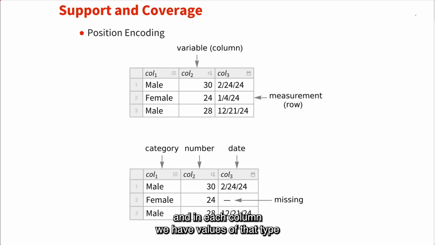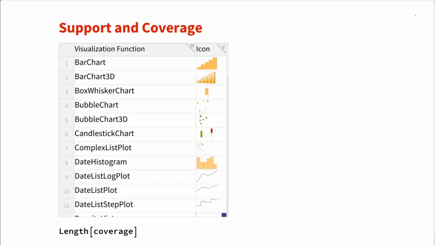And in each column, we have values of that type or missing values. In terms of coverage, for this release, we are updating around 75% of our visualization functions to support the syntax. I obviously won't go through all of these functions, but I'll pick functions so that I can convey the idea behind how we are approaching this problem.